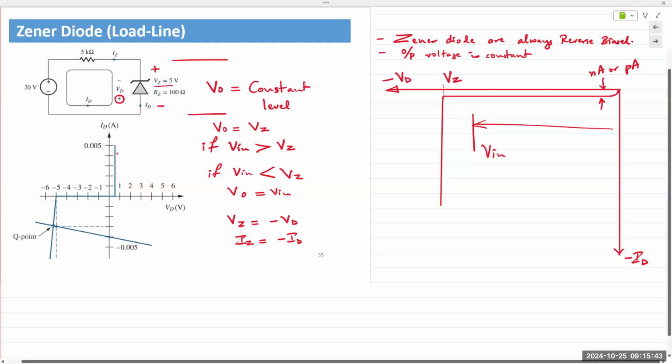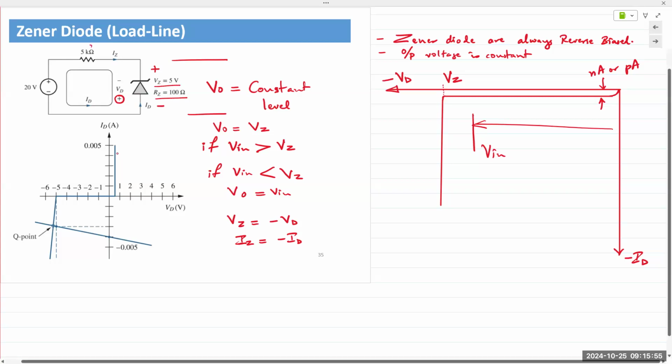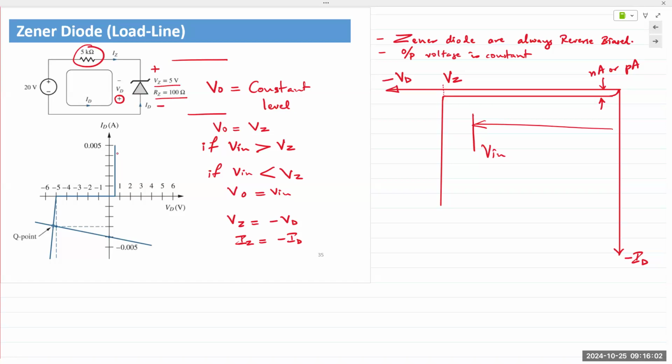VZ is given to us as 5 volts. RZ, the Zener resistance, is given as 100 ohms. And there is a series resistor connected between the source and the Zener diode, which is 5 kilo ohms, 5,000 ohms. Load line analysis is still the same.